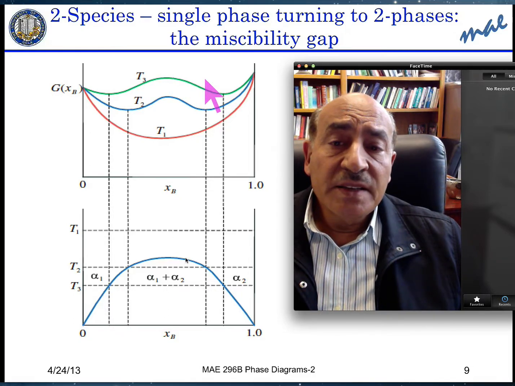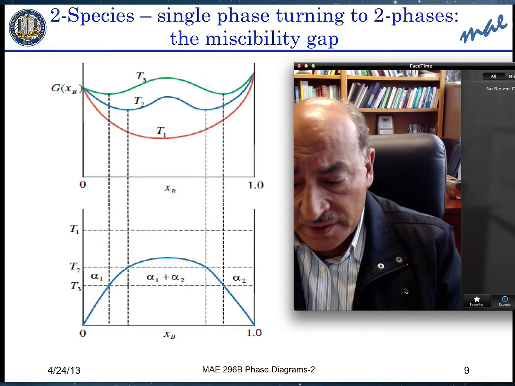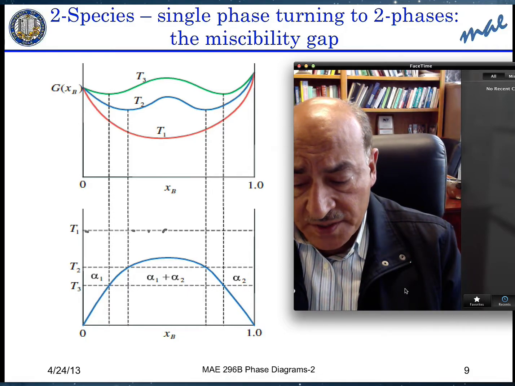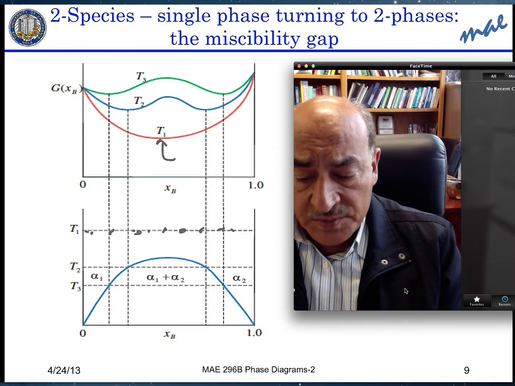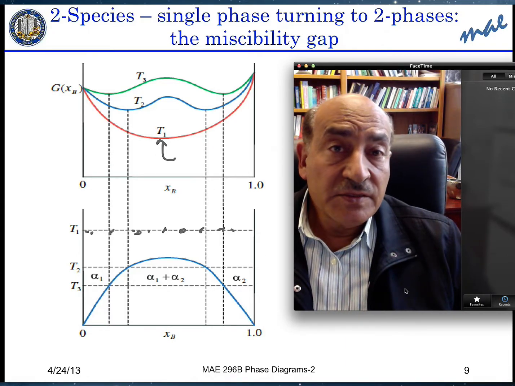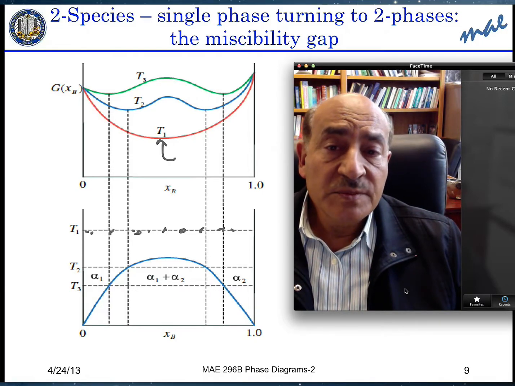The corresponding phase diagram that you have is shown in the bottom, where at T1, at any concentration that I choose at T1, I will have the corresponding Gibbs energy is the red curve, which doesn't have inflection, so it is totally stable, and therefore there will be no immiscibility.